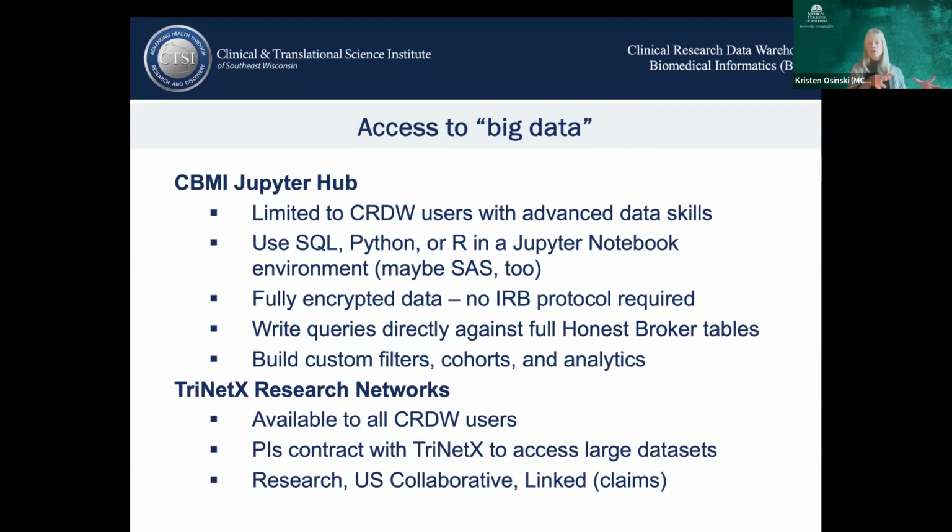Jupyter Hub is actually accessed directly to all the Honest Broker tables. So instead of coming to a query tool, you can go directly to the Jupyter Hub and build cohort queries and then build analytic data sets directly in this environment, looking across all the tables. You have everything at your fingertips, and some teams are really excited about this.